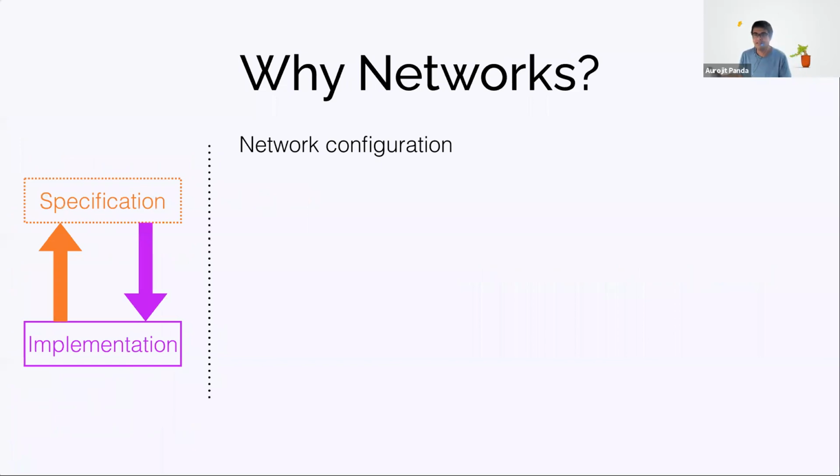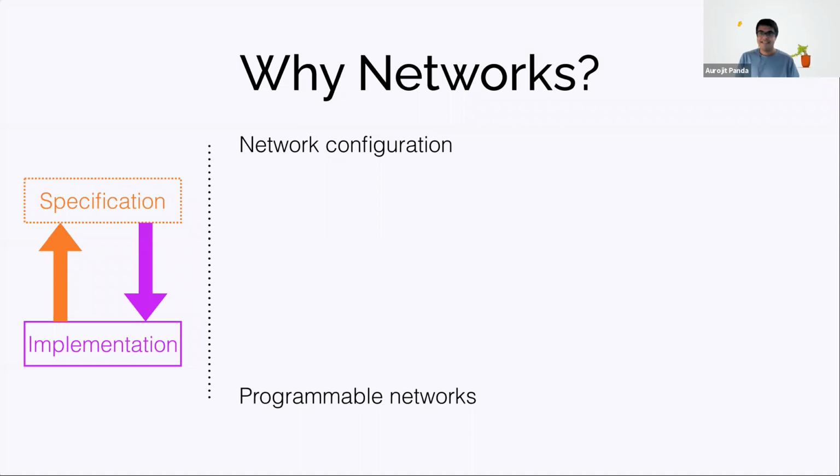Okay, so that was about why these things are hard. Now there's this question of, why are we considering this for networks? The original reason we started considering this is network configuration is quite complex. Networks do more and more things. And that was the original intent for a lot of this network verification work. The thing that's interesting about this year's SIGCOMM is that while a couple of the papers cover this, it is not the sole impetus anymore.